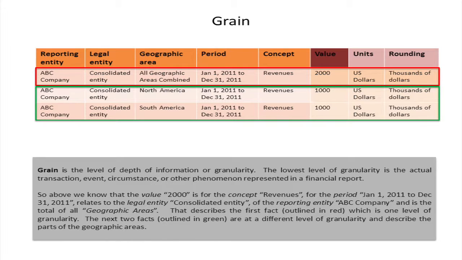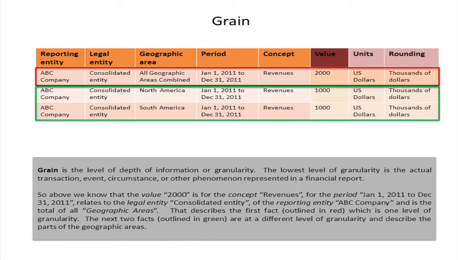And again, there's probably detailed transactions that relate to the totals in North America and South America. And then North America and South America together describe the total of all geographic information. So you can see 3 levels of granularity that I'm talking about there.